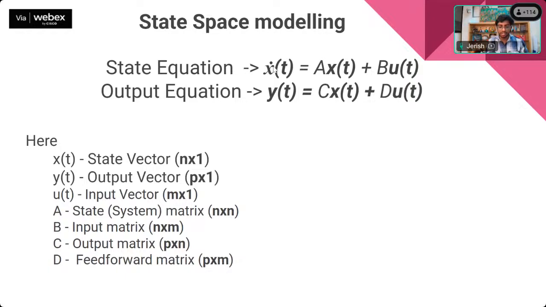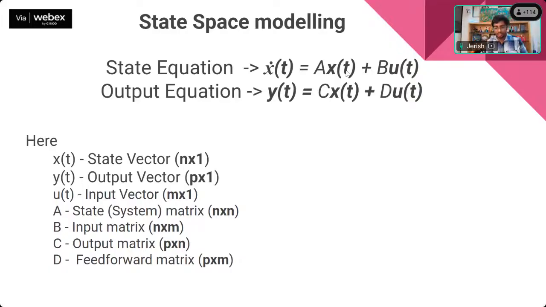So x dot is the derivative of the state, so how the state is evolving. The input vector u, how the input is varying with respect to the state, is mapped by a matrix called the B matrix.